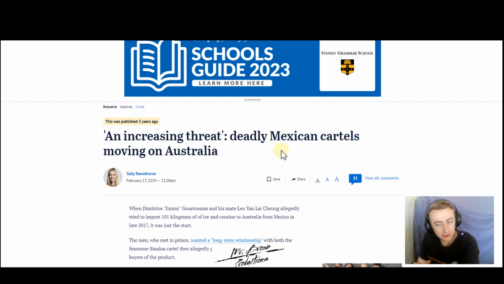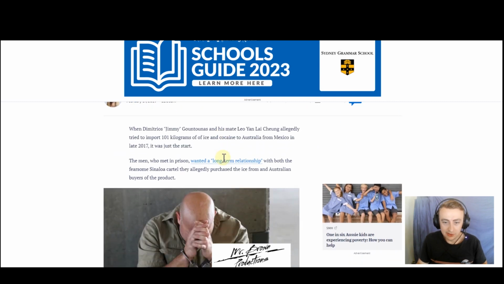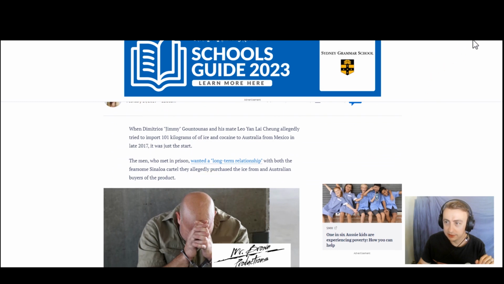And the fact too that it's not just a deadly cartel, it's a deadly Mexican cartel, right? So whether or not that fear is trying to be directed towards a particular cultural group remains to be seen. That's something I'm just noticing about the theme of the article. It seems to be a little fear-based.